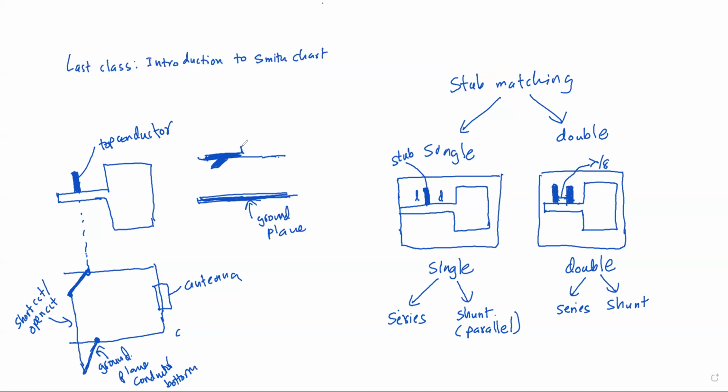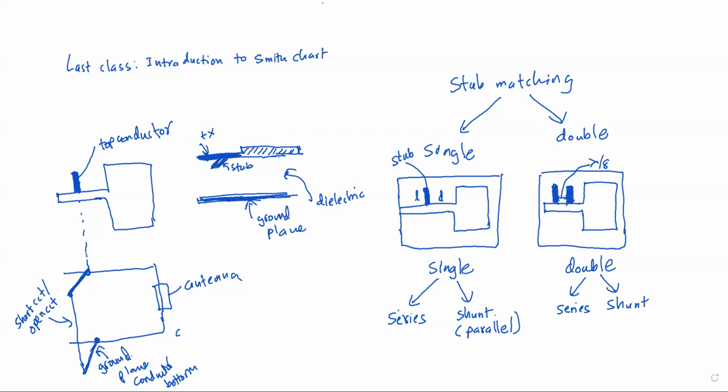This is the antenna part, this is the transmission line, and this is the stub. The components will be on the top, and in between we have the dielectric material that separates the top conductor and bottom conductor.